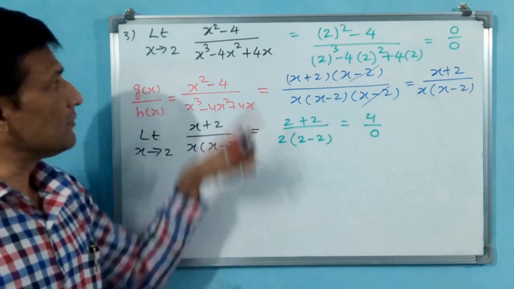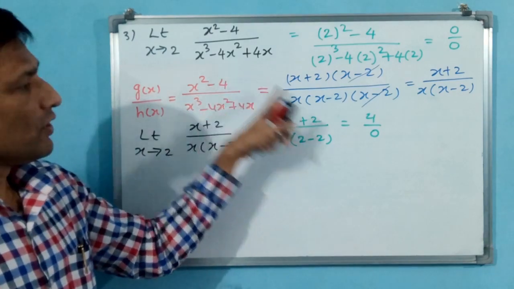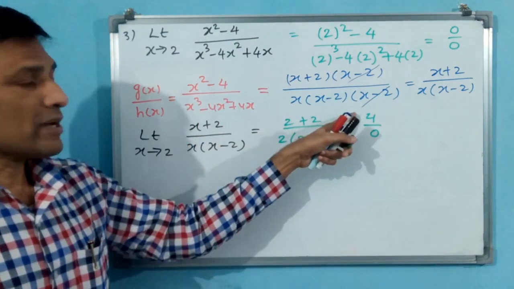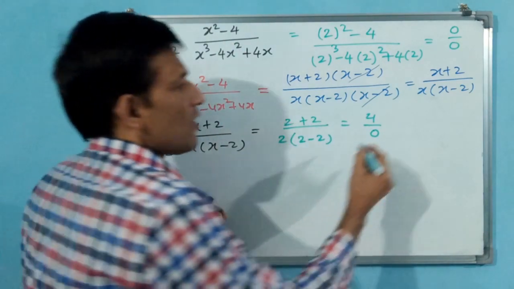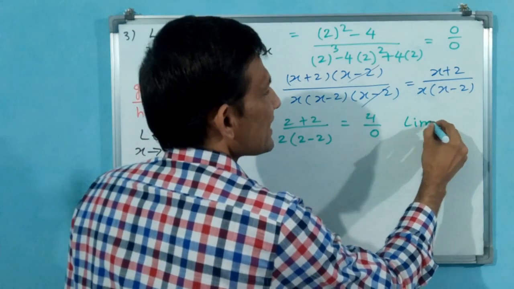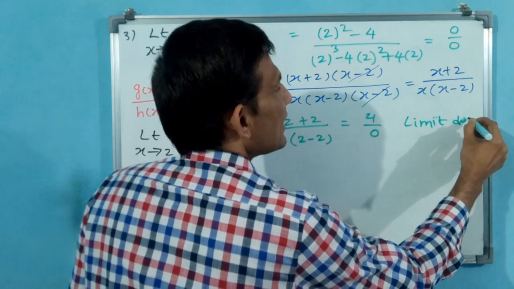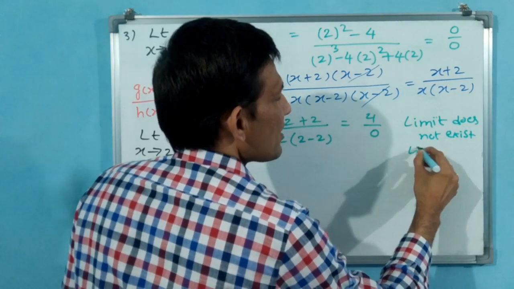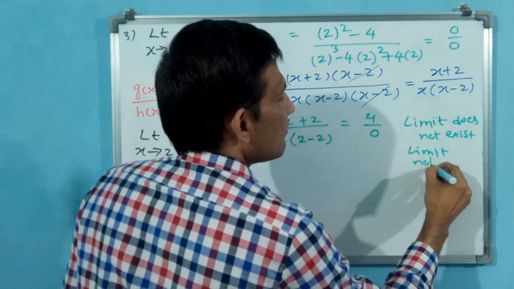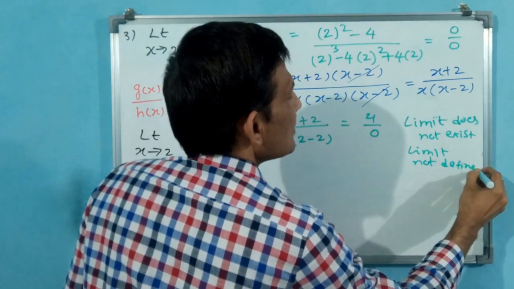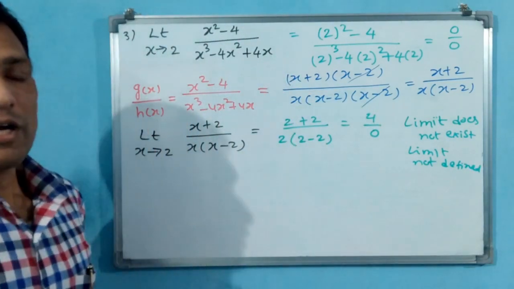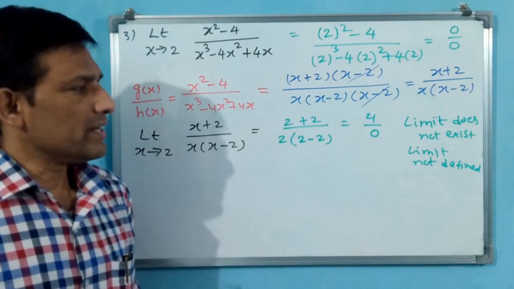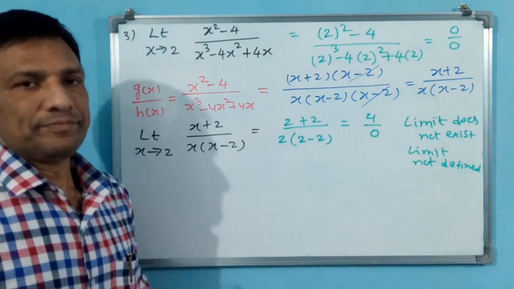Earlier 0 by 4 came because that was the numerator. Numerator 0, denominator 4. Now numerator 4, denominator 0. Now what can you write? Limit does not exist, or limit not defined. Both are the same. Anyone you can write. Now this has become case 2.